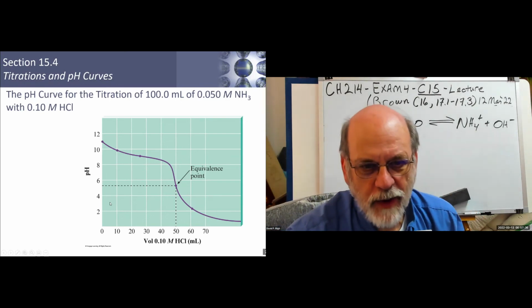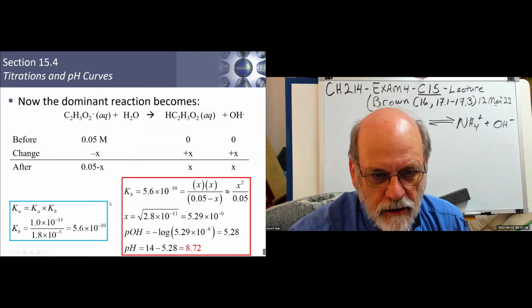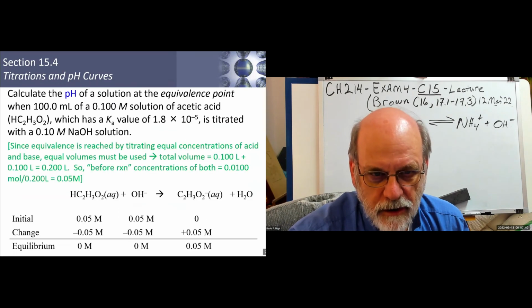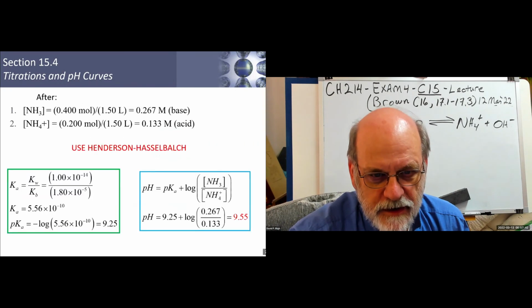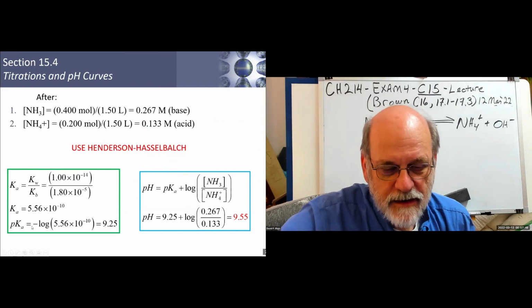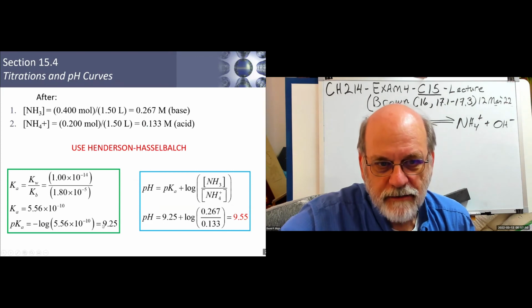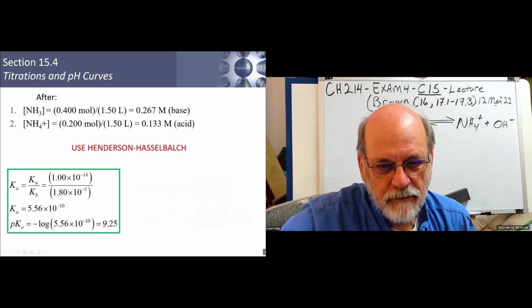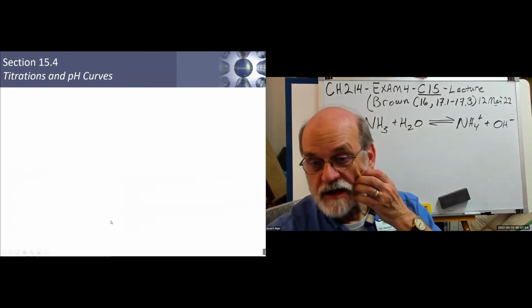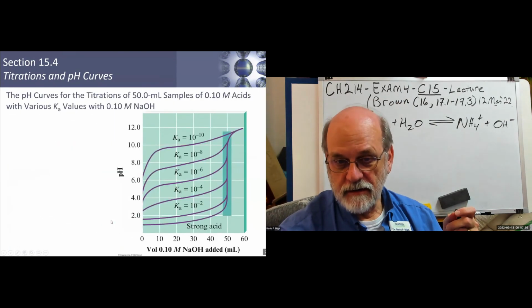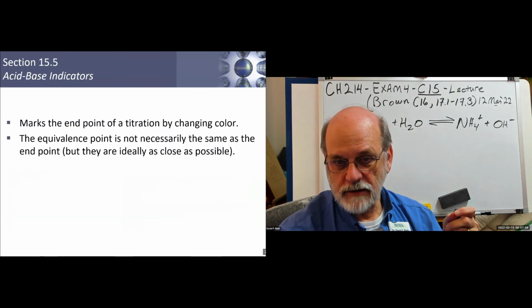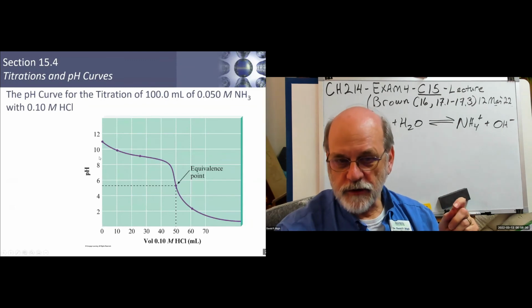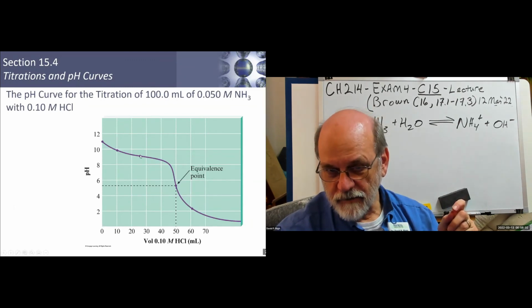Now let's see, let's go back to ammonia. There we go. So the pKa for ammonia is 9.25. Is that right? Yeah, it's 9.25. So that's why we get the, excuse me, here. 9.25 is in this region right here.